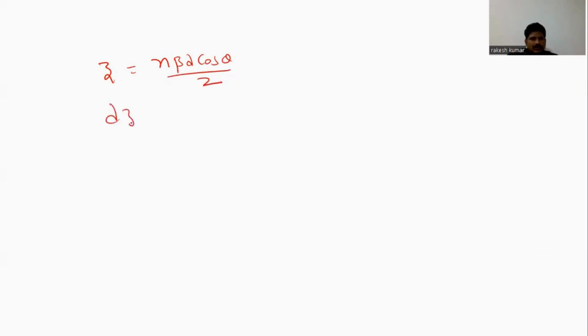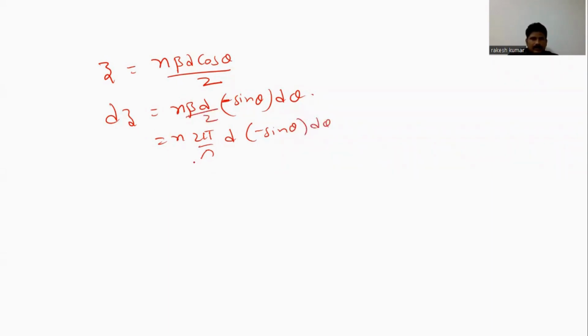If I differentiate this, n beta d into minus sine theta into d theta, that is n into 2 pi by lambda into d into minus sine theta d theta by 2, where the 2s cancel. Therefore, dz is equal to minus n pi d by lambda into sine theta into d theta.